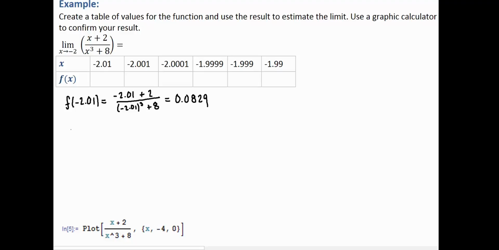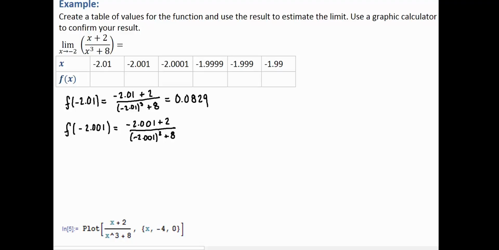Now we evaluate the next one, and then after that I'm going to fill out the whole table as I did before. So you plug in negative 2.001 instead of x, and you get negative 2.001 cubed plus 8.